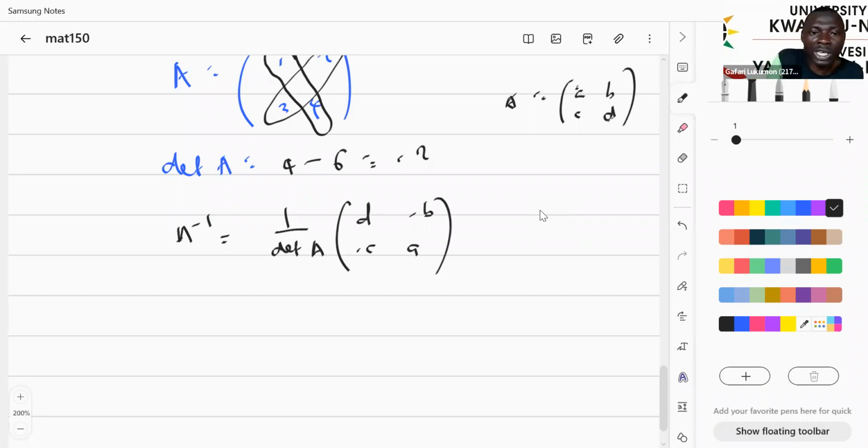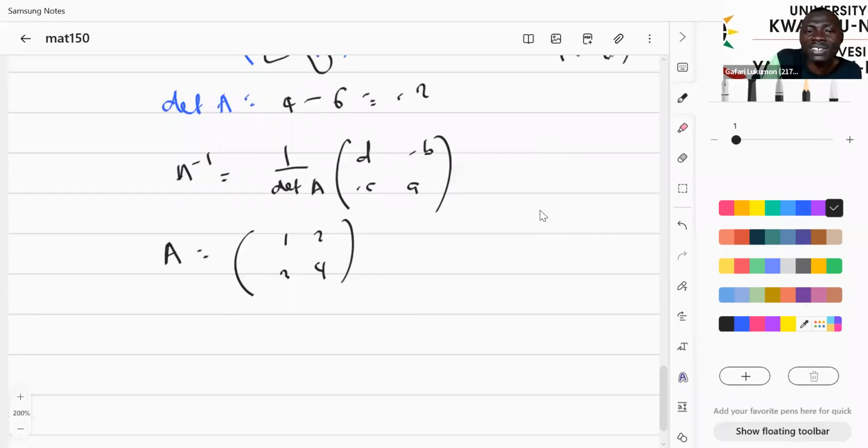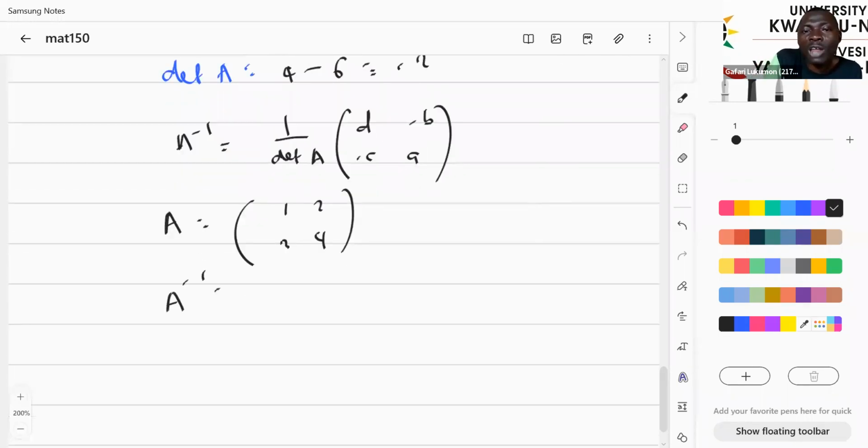I hope you understand. So again, if my A is 1, 2, 3, 4, and you want to use this method to find the inverse, then the inverse will be 1 over the determinant of A. What is the determinant? The product of the elements along the leading diagonal minus the product along the second diagonal. That's 4 minus 6. Then you interchange the elements of this matrix.